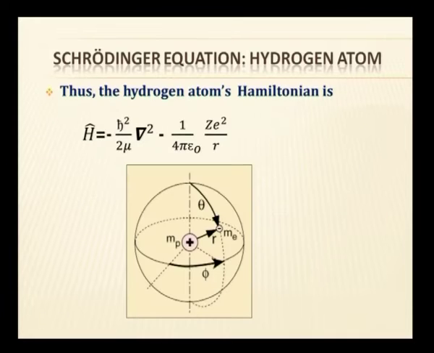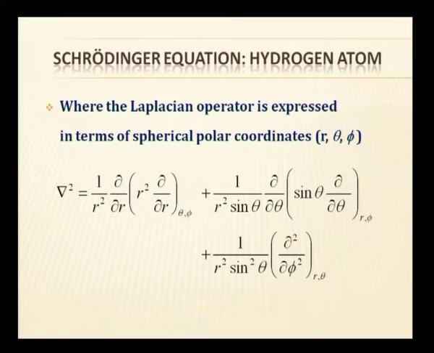This is the Hamiltonian operator that consists of the kinetic energy part. So, you have the Laplacian operator del square expressed in terms of the spherical polar coordinates r, theta and phi, instead of x, y, z.